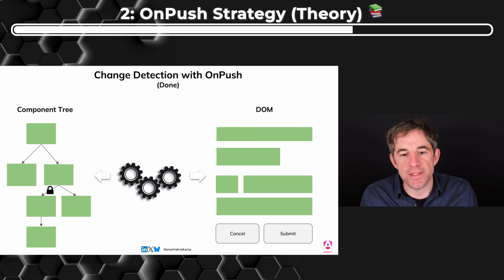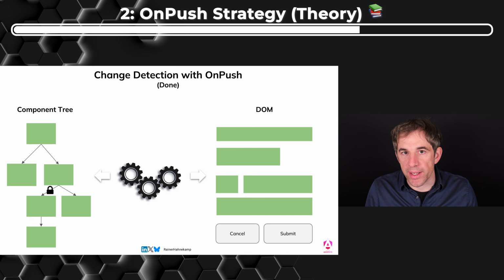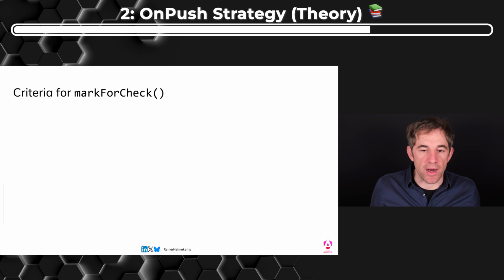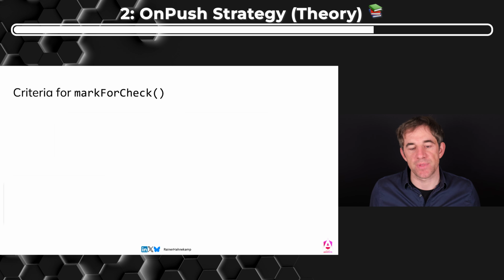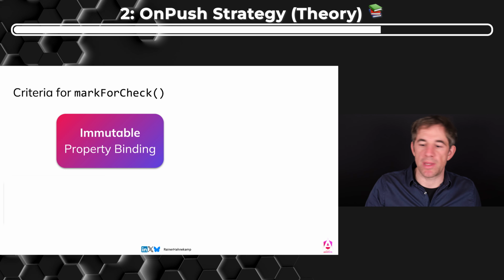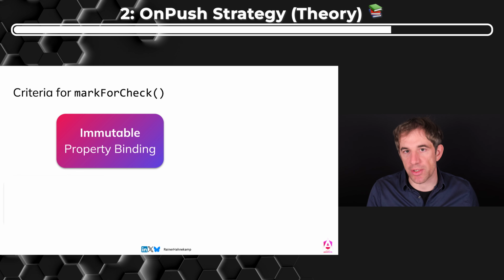The obvious question is, when does an OnPush component get marked as dirty? And this is very important. There are some criteria. Immutable property binding. So if this component has an input and the value changes, then it has to be a completely new object reference.